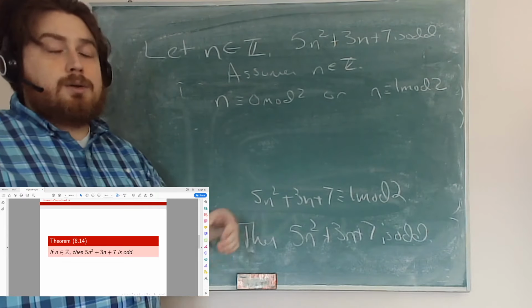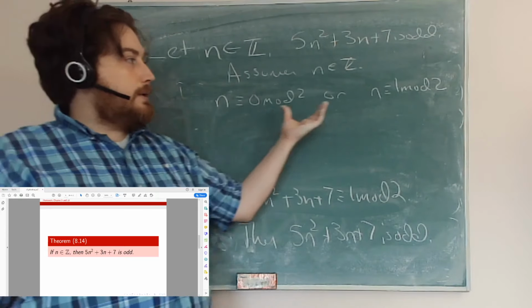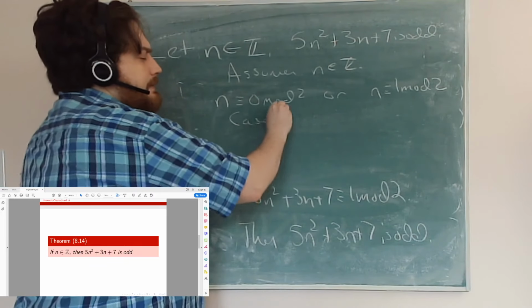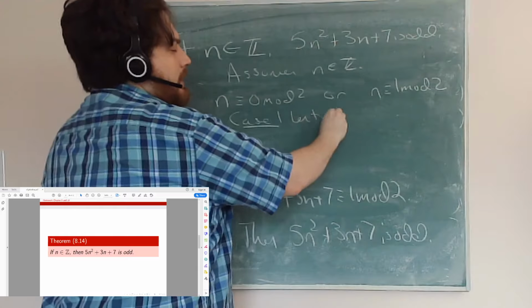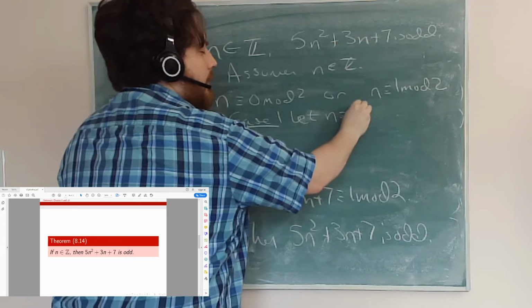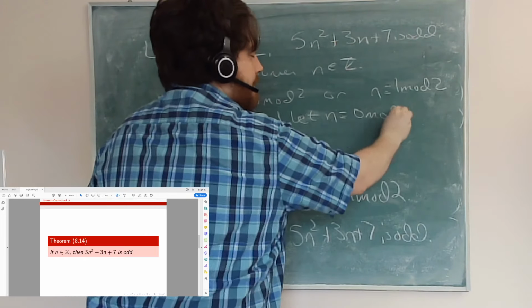So we actually have two proofs here. We have this is case 1 and this is case 2. So I'm going to start with case 1. Let n be congruent to 0 mod 2.